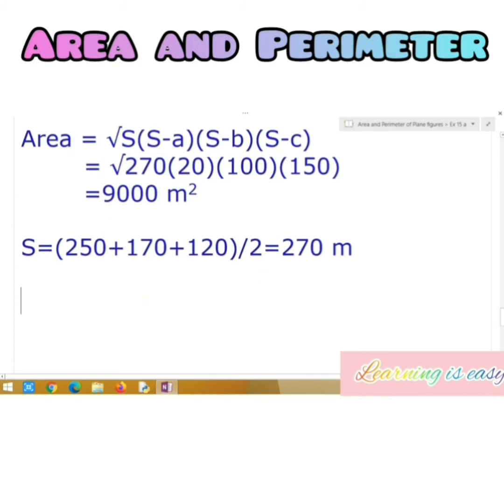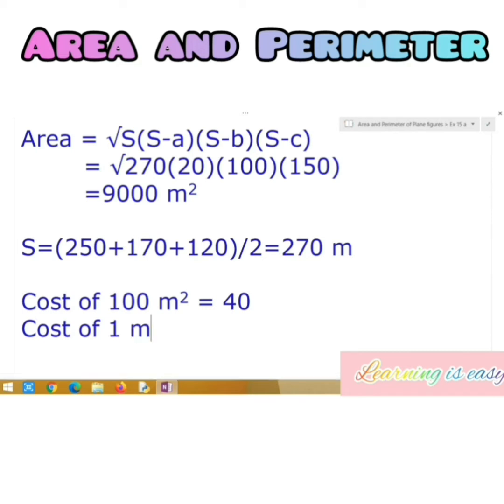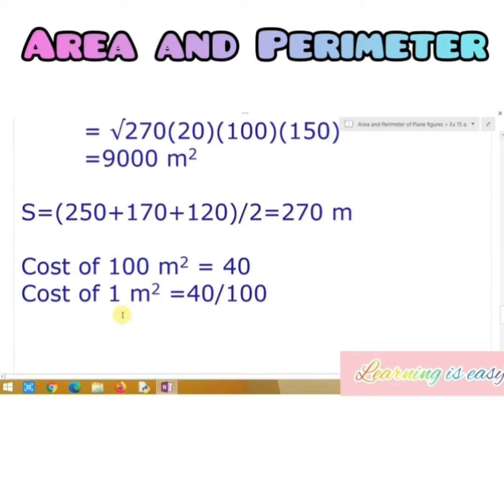There lies the other part of the question. Cost of 100 meters square is 40 rupees. So for cost of 1 meter square, it's going to be 40 by 100. Next, we need to find the cost of the total area, that is 9,000 meters square.